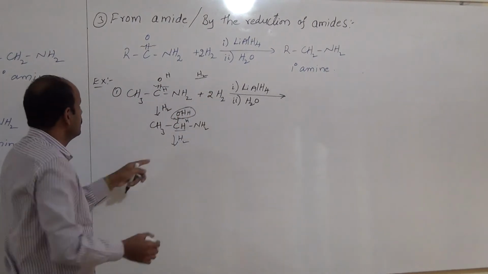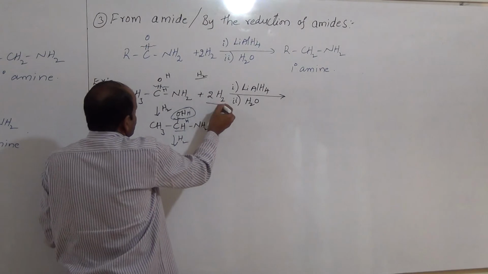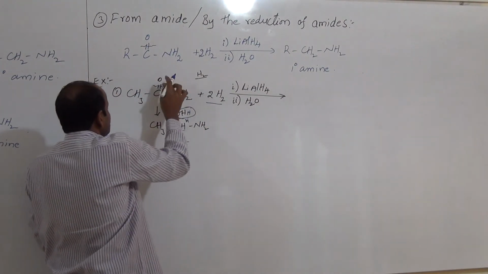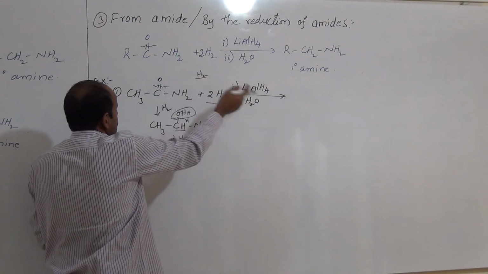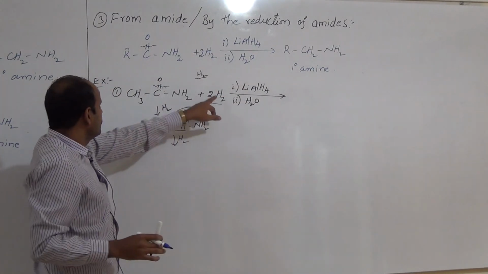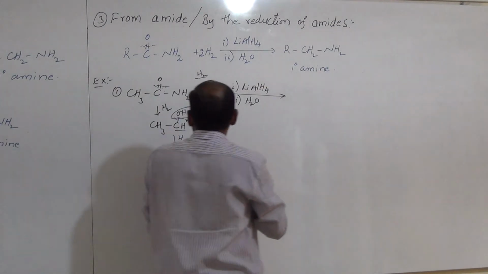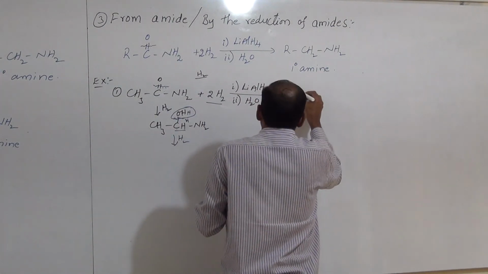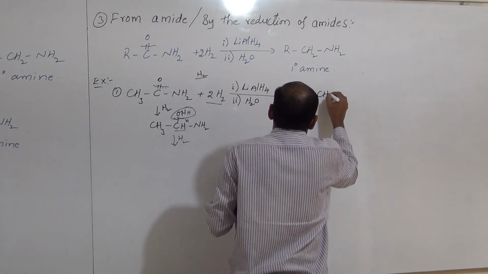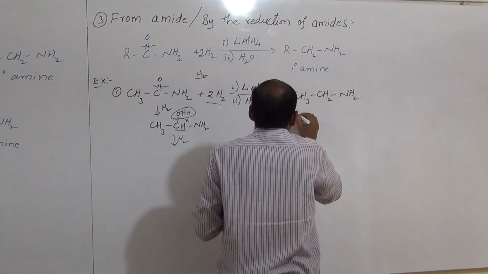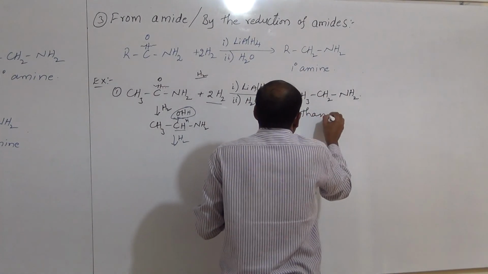After adding two H2 molecules, two bonds will break down, and the oxygen and two hydrogens are removed as H2O, remaining two hydrogens are added to the carbon atom. Thus we get directly CH3CH2NH2. This is the ethanamine.